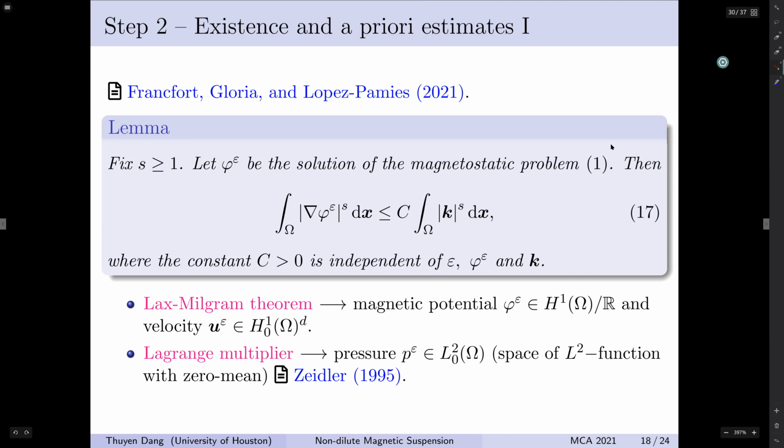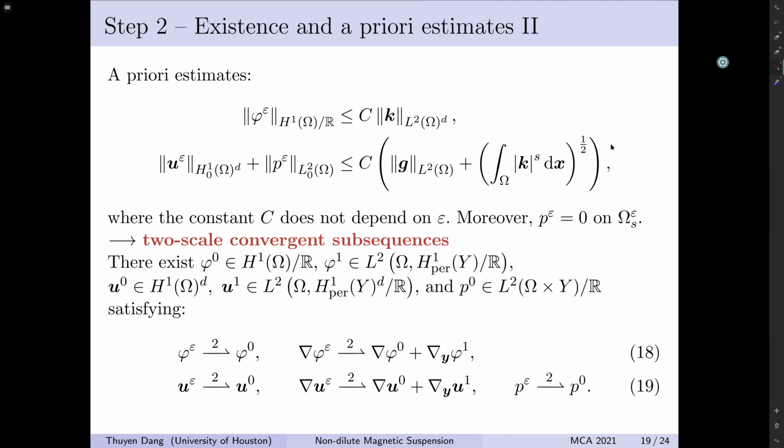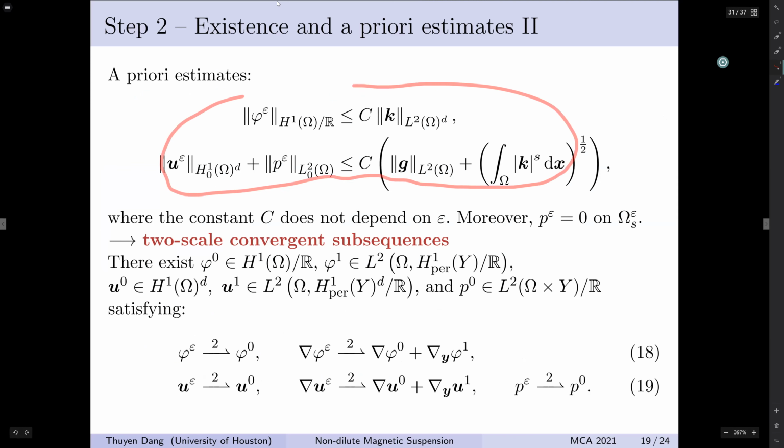Next, in order to solve the existence of the pressure P epsilon, we need to use the Lagrange multiplier theorem. Here L2_0 is the space of L2 functions with zero mean. From the proof of existence and uniqueness, we also obtain some a priori estimates here.